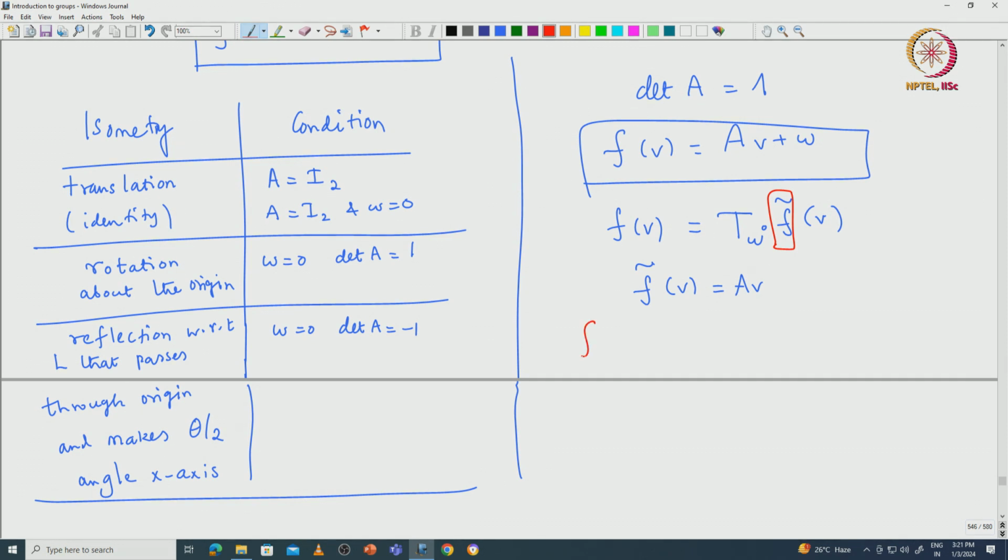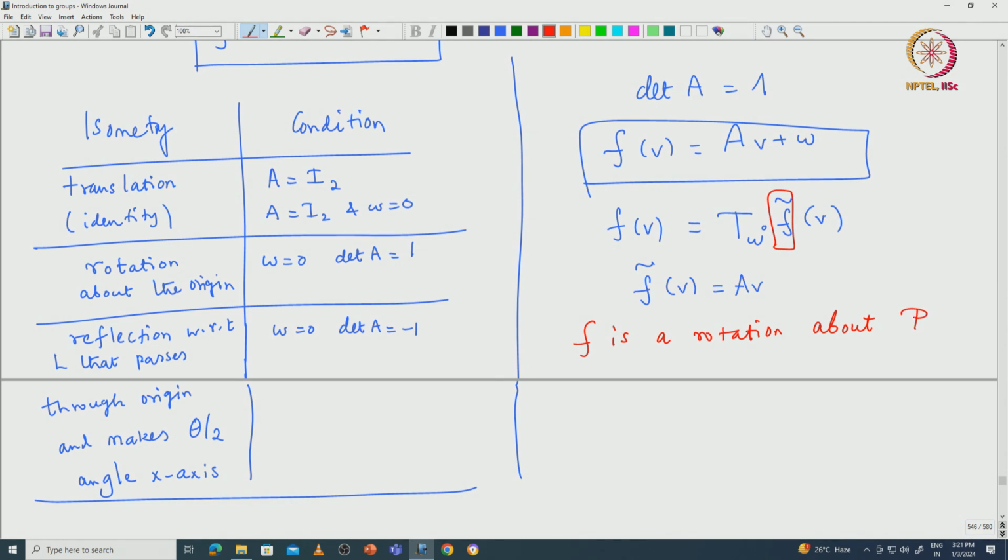So, that means in this case f is a rotation again about some particular point. So, that is going to be a fixed point P.